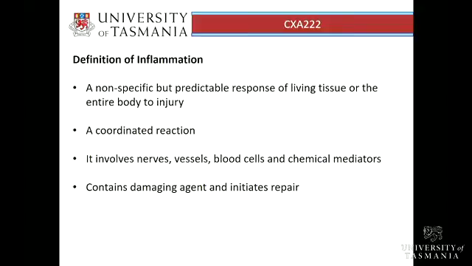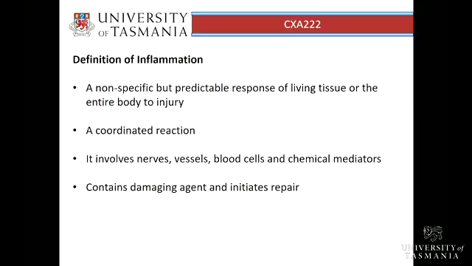Define inflammation. It's a non-specific but predictable response of living tissue, or the response of the entire body, to injury. Now, obviously, it's very rarely an entire body response. The important thing to remember with inflammation is it is a normal response of the body's attempt to return to equilibrium.